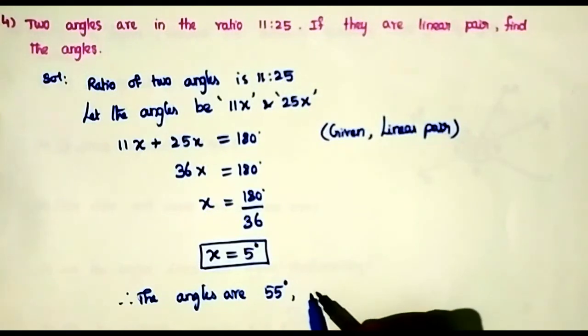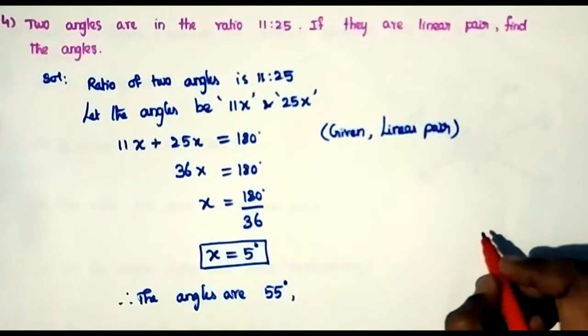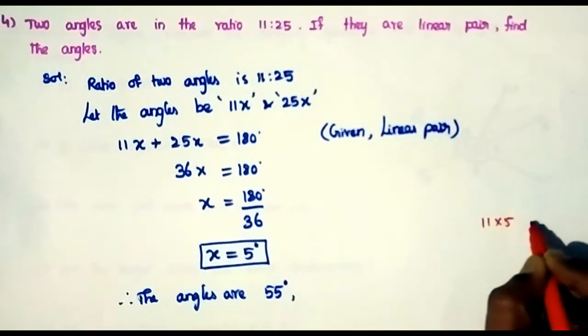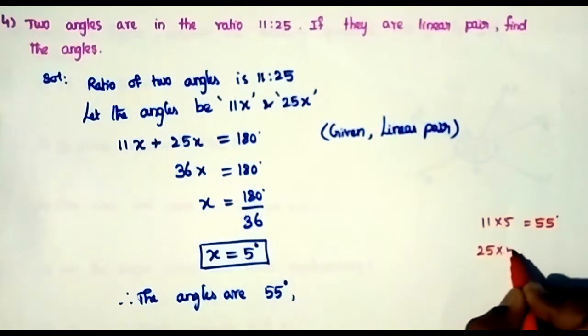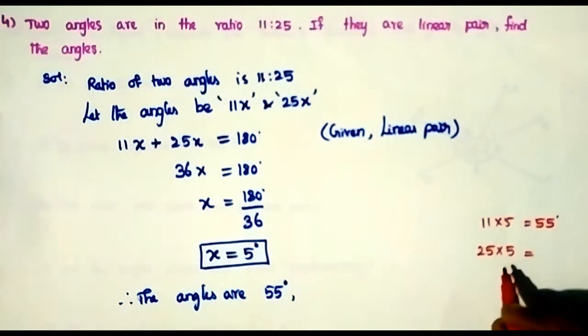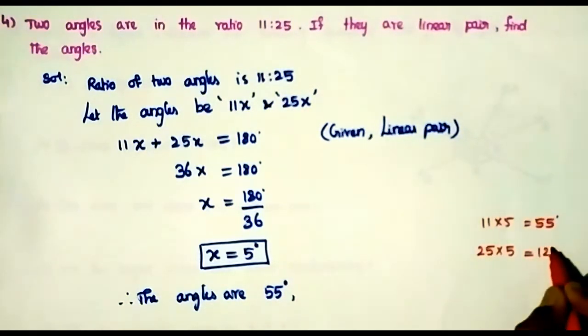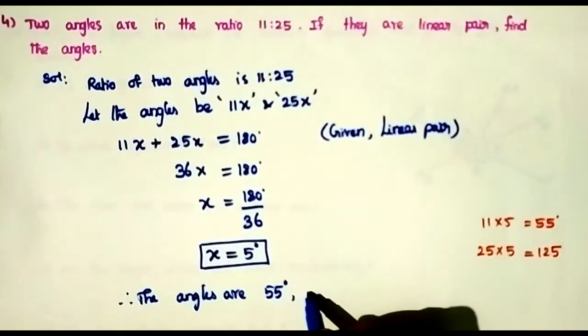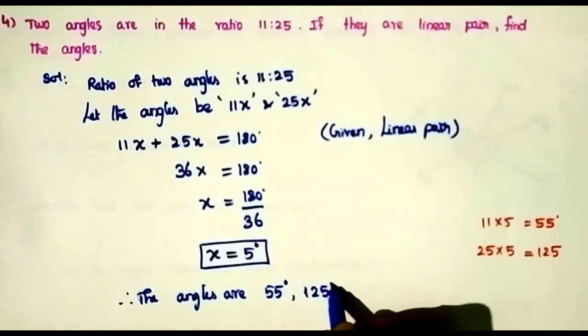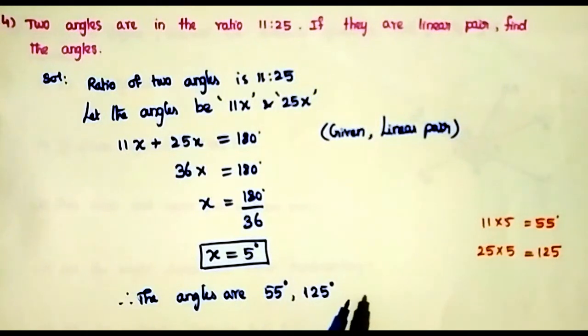Next 25x, 25 into 5, 5 5s are 25, 25 5s are 125. So that is 125 degree. Add these two angles means we get 180 degree. So that is the answer.